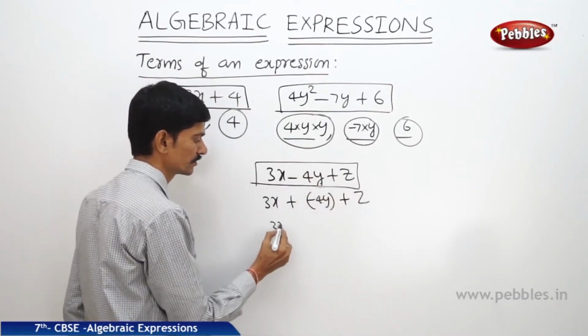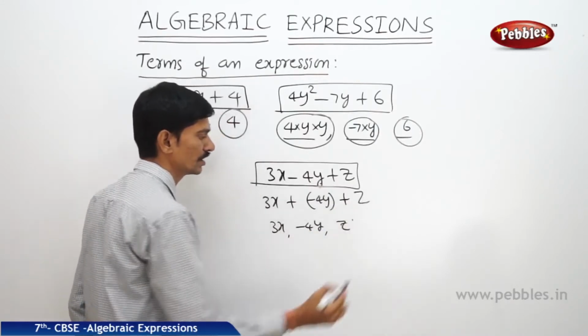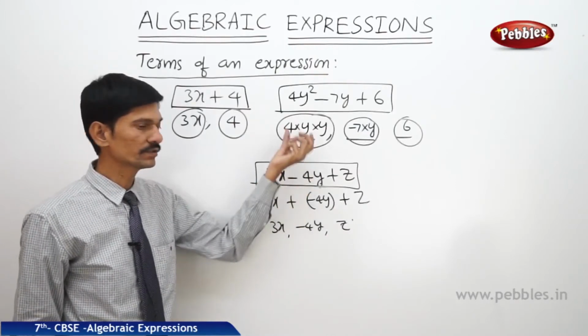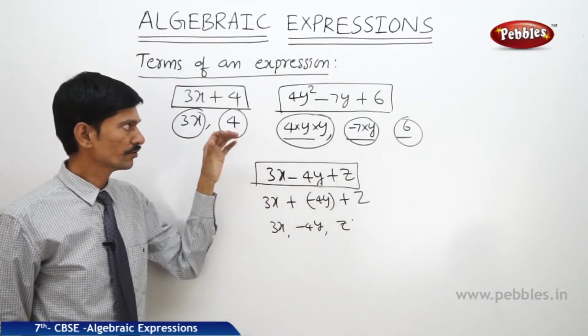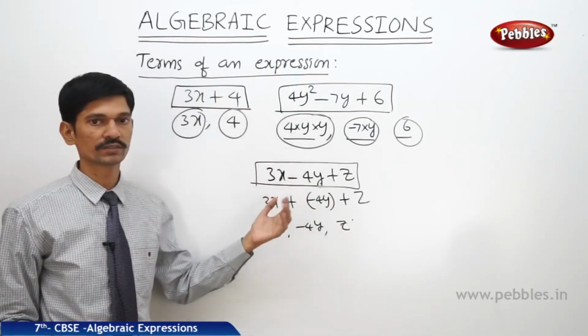So 3x, minus 4y and z are the terms of the algebraic expression 3x minus 4y plus z. So we get the algebraic expression by adding the terms together.